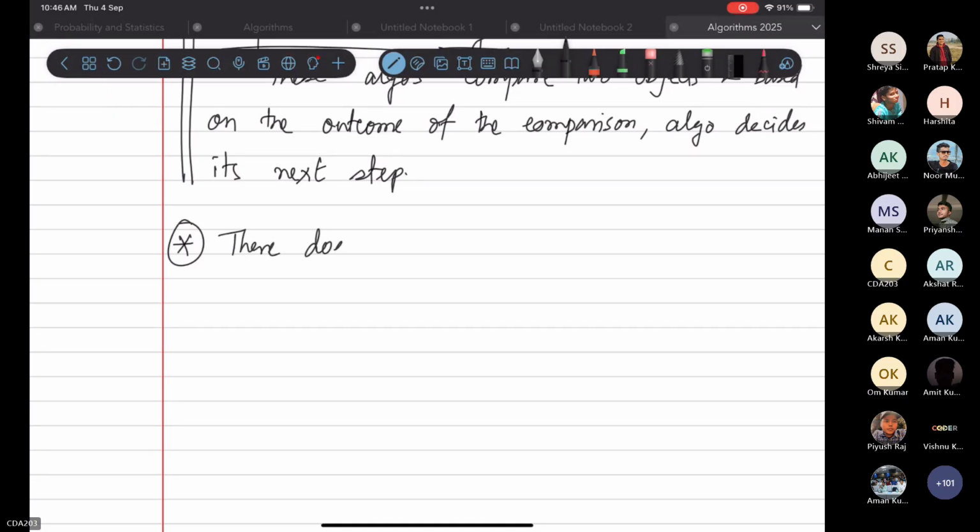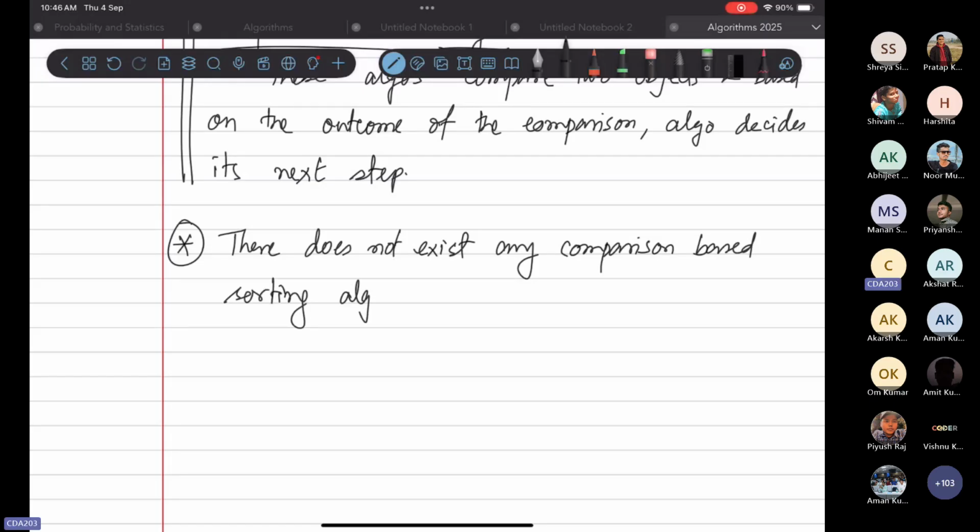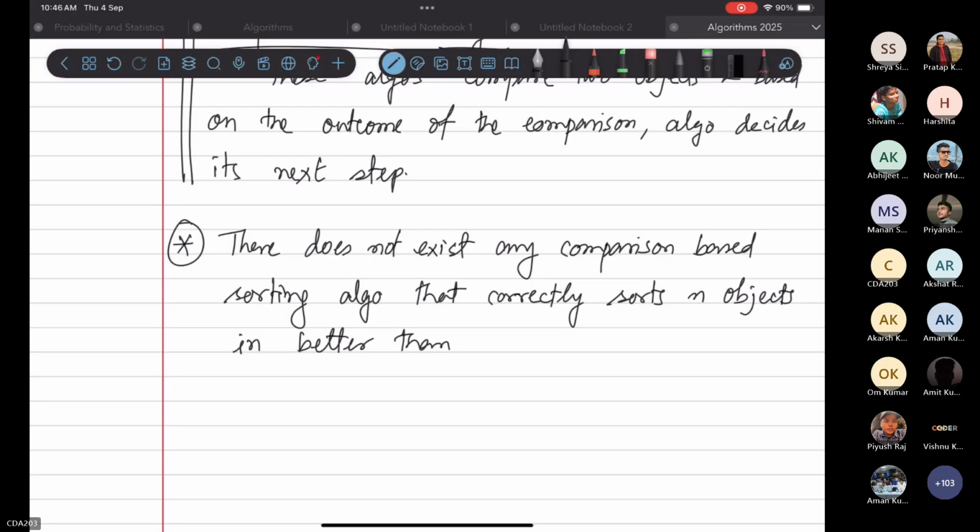There does not exist any comparison based sorting algorithm that correctly sorts n objects in better than n log n time. Okay, this is the result that I'm going to prove.